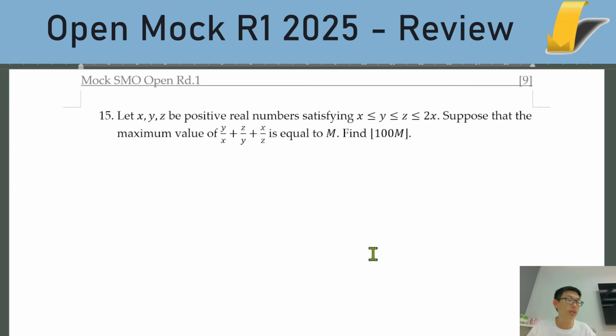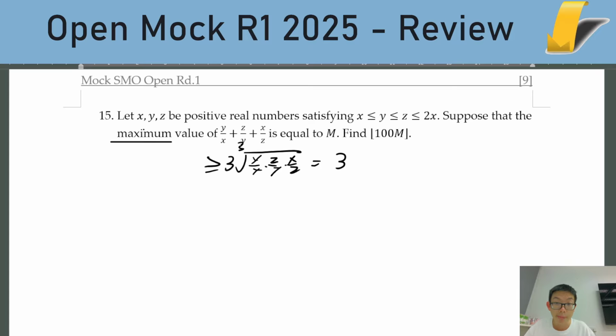You just want to apply intuition that could be converted into steps. Now, what we are not going to do for this is AM-GM because it's the maximum value. And if you were to try to use AM-GM, you're going to get that it's greater than or equal to, well, that's already the wrong direction because it's greater than or equal to 3, which is useless because I asked you for the maximum.